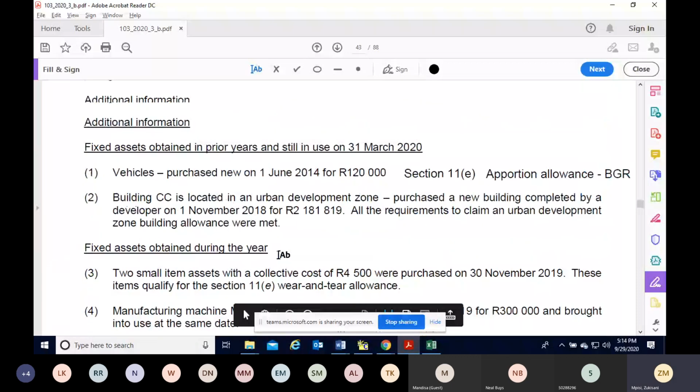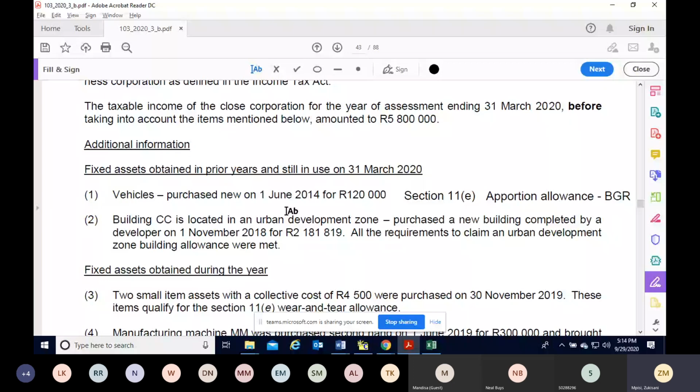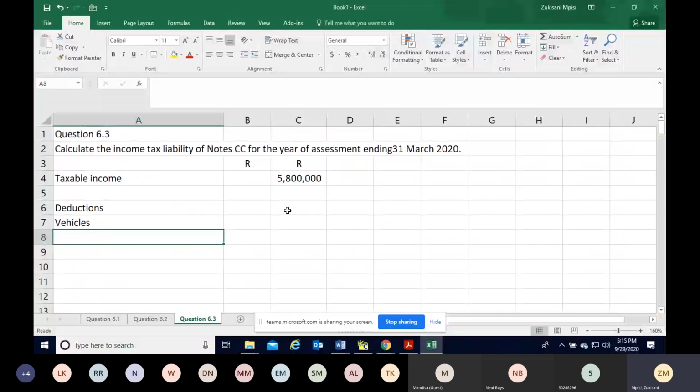If something was purchased on 1 June 2014, we have got to calculate how long it runs. To calculate an allowance, we have to look from 1 June 2014 to what period it is made.